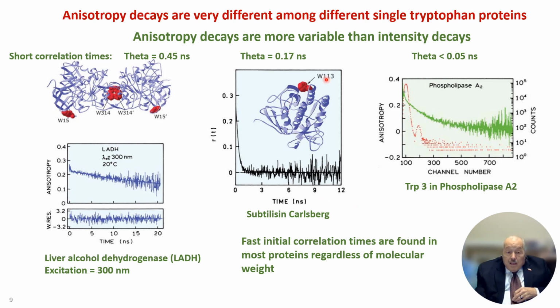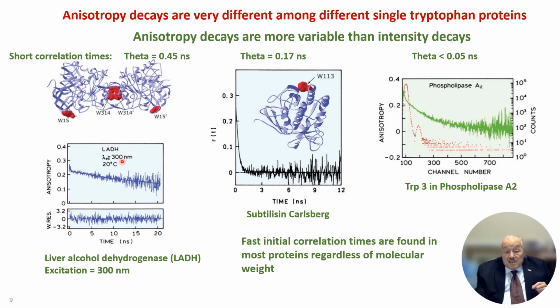So the anisotropy decays are very different among single tryptophan proteins, and more importantly, the anisotropy decays are much more variable than the intensity decays. I've put here three different proteins for you with their anisotropy decays.